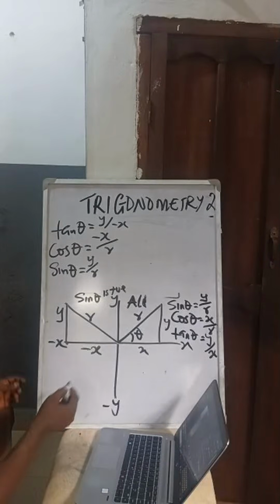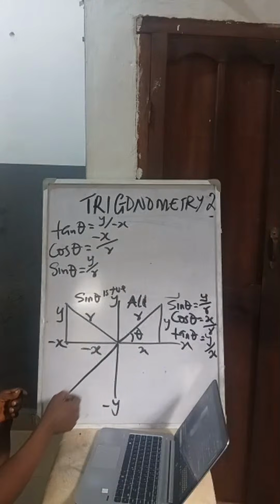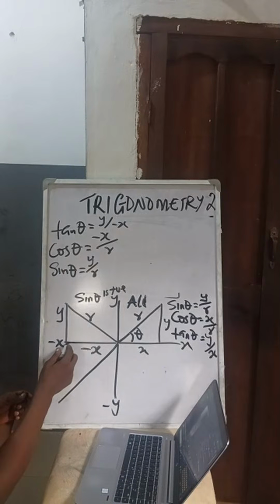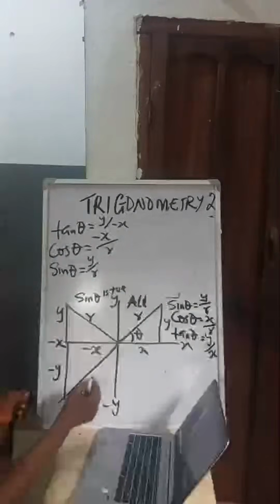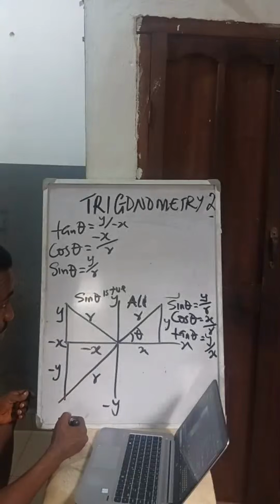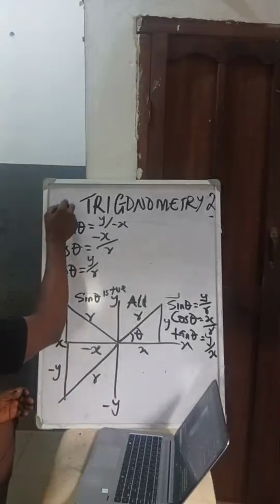Now let's check out the third quadrant. In the third quadrant, we have negative y and negative x. Okay, that was the second quadrant.